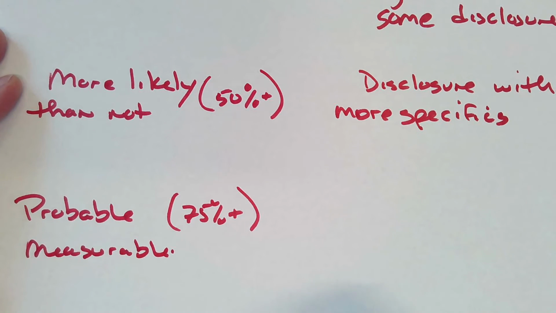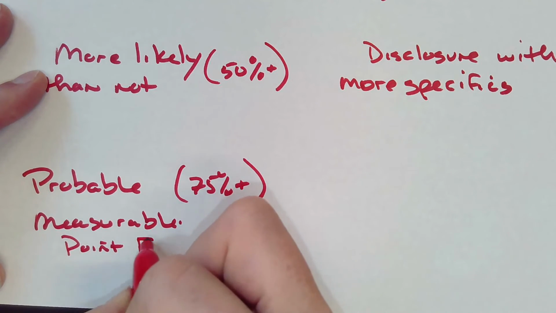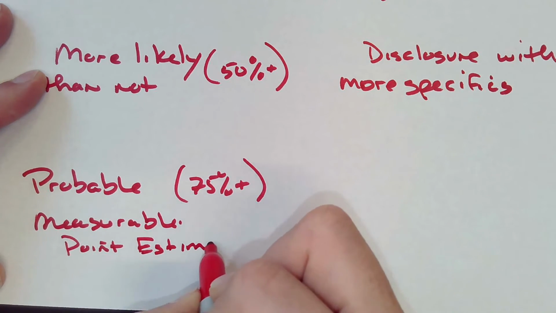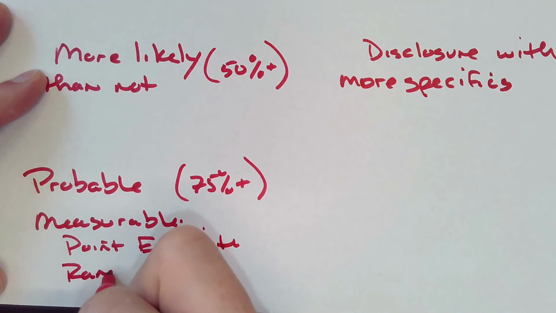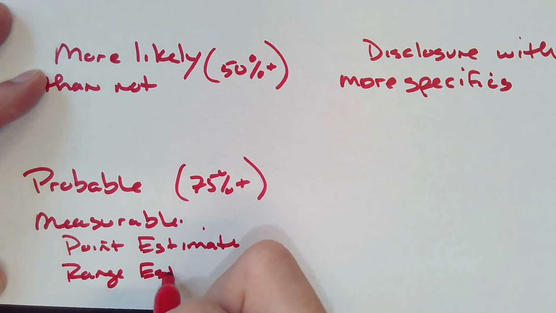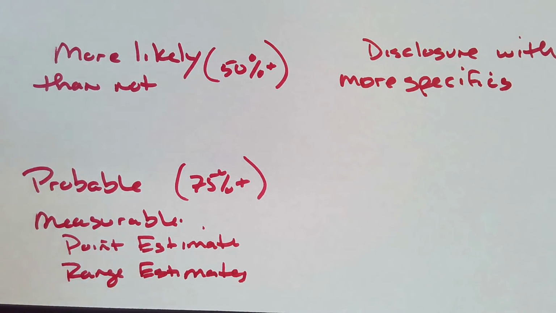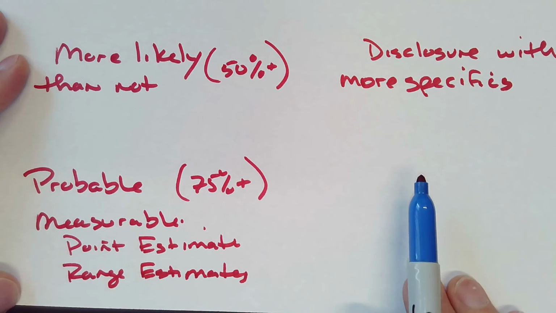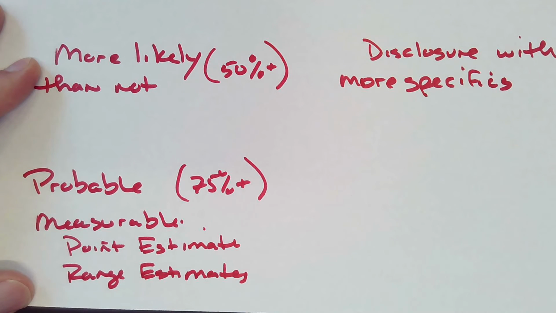Can we come up with an estimate? Right? Is there a point estimate? Or is there a range of estimates? Right? So if it is probable, then it definitely needs disclosure.